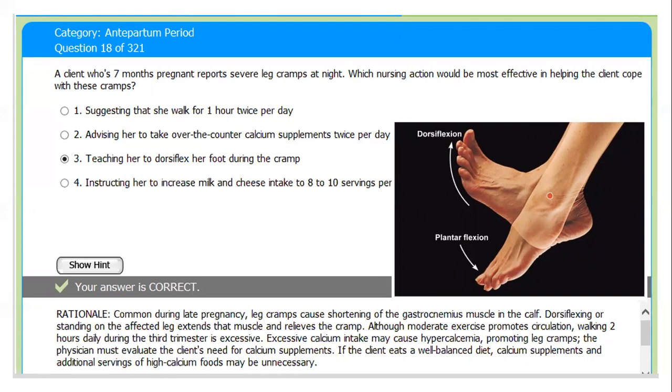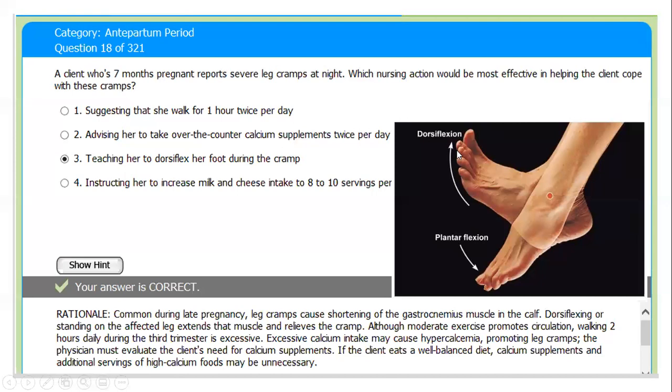Dorsiflexion is the action of raising the foot upwards towards the chin. It means the flexion of the foot in the dorsal, upright direction. You can see the picture.